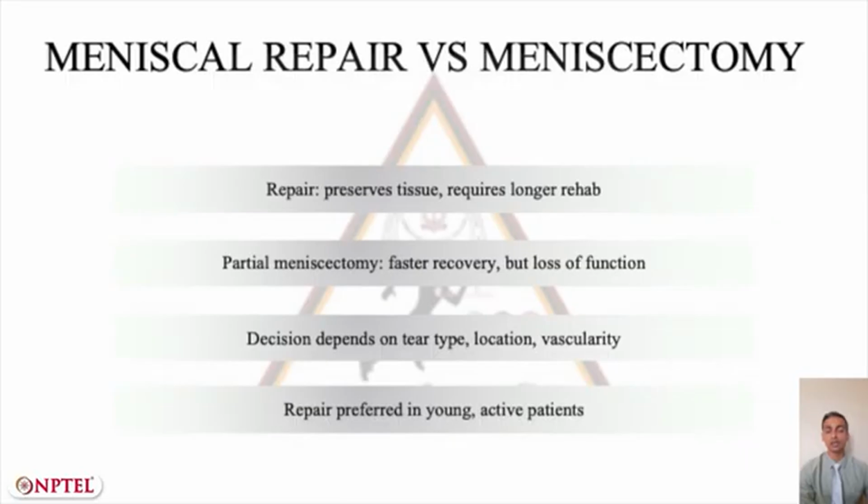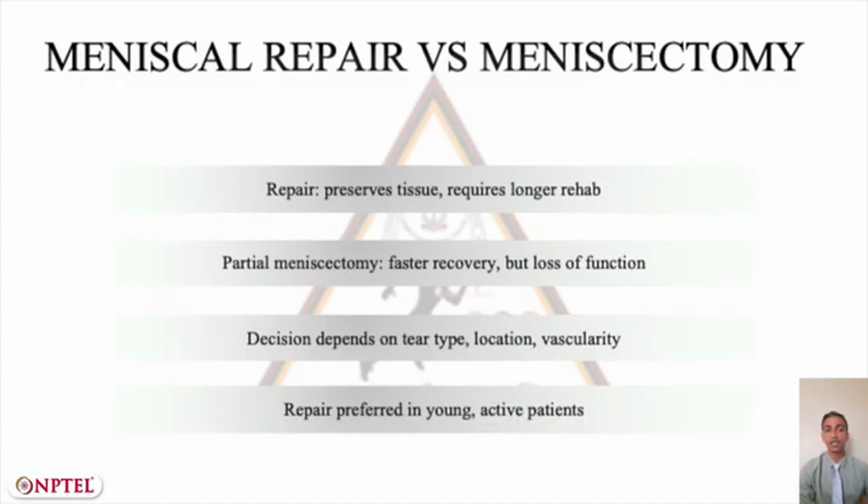Let us now discuss the difference between a repair and a meniscectomy. Meniscal repair preserves the native tissue. It restores hoop stresses and delays arthritis. But it requires longer rehab and carries a risk of re-tear.